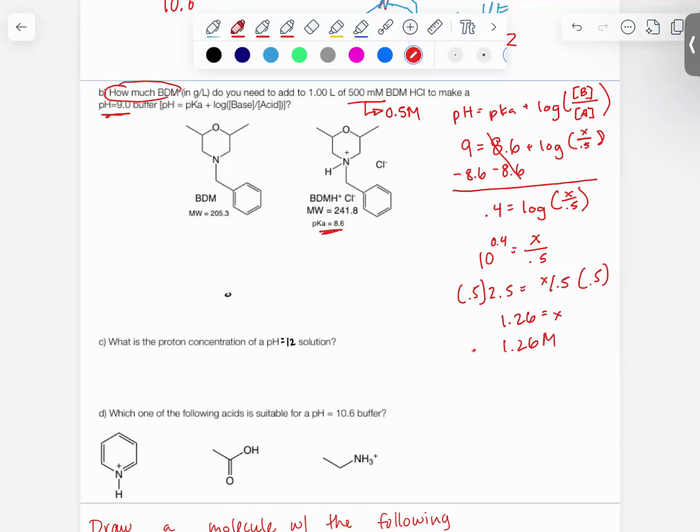So that is why you need the molecular weight.